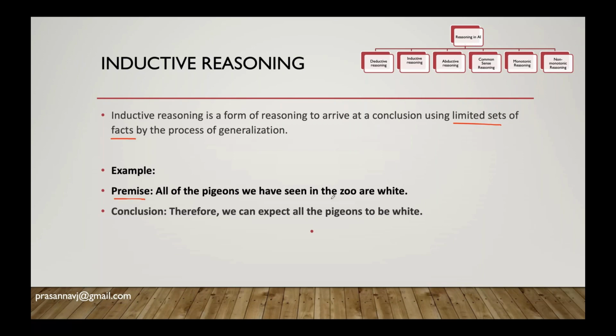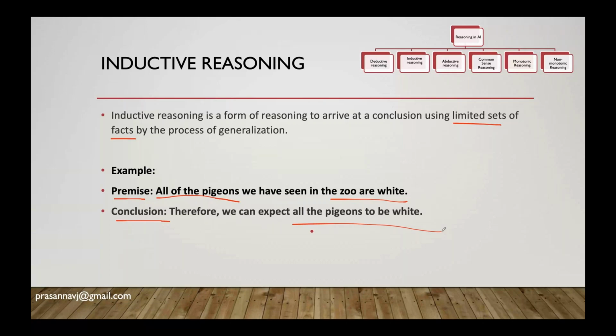So the conclusion you come to is that we can expect all pigeons are white. It is not explicit, but in the zoo you have seen all the pigeons are white, so you come to a conclusion that pigeons are white. This is inductive reasoning.